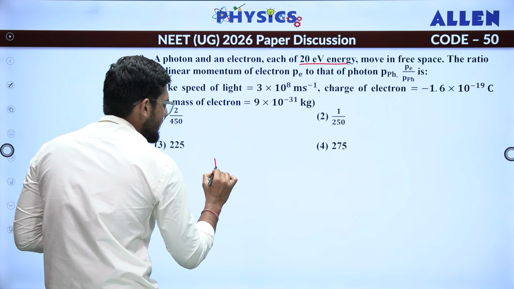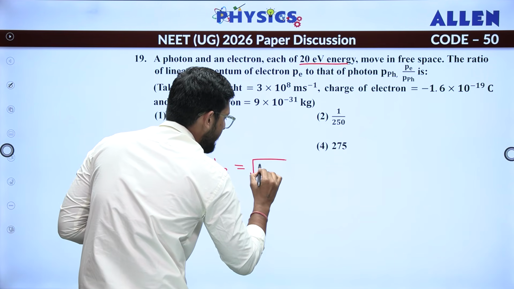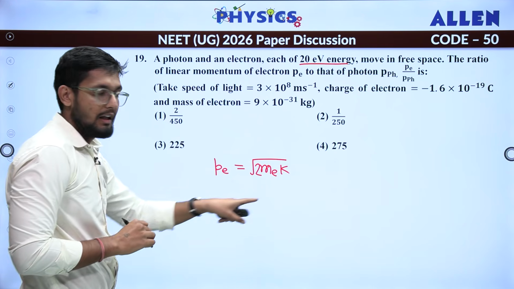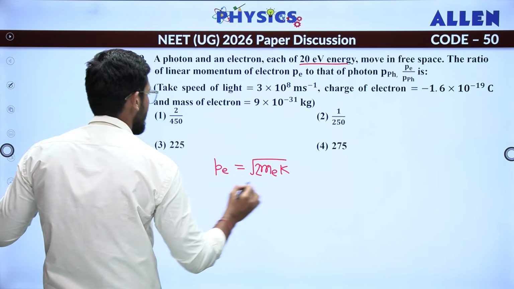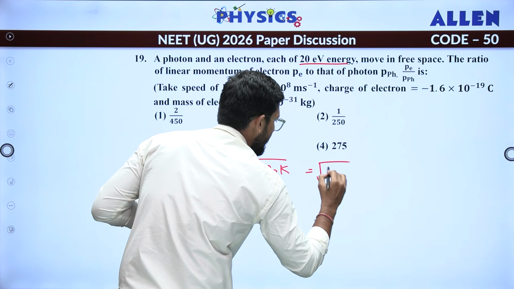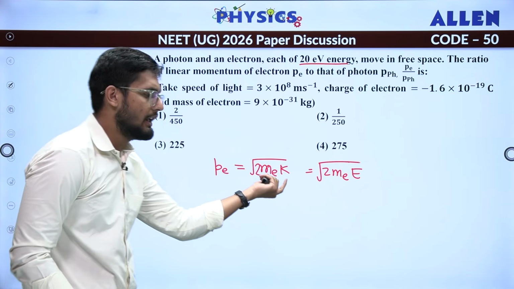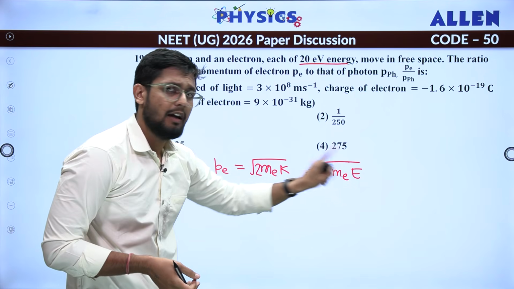The linear momentum of the electron will be under root of 2 m_e K, where K is the energy. Or instead of K, you can write it as under root 2 m_e E, the energy. If it is kinetic energy, use that kinetic energy. If normal energy is given to you, you'll use that energy over here.